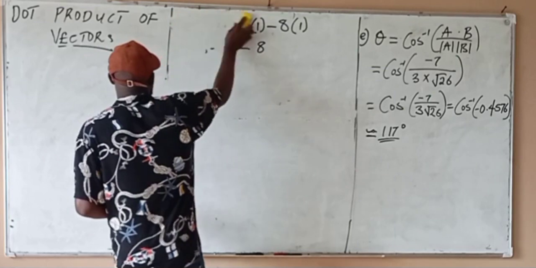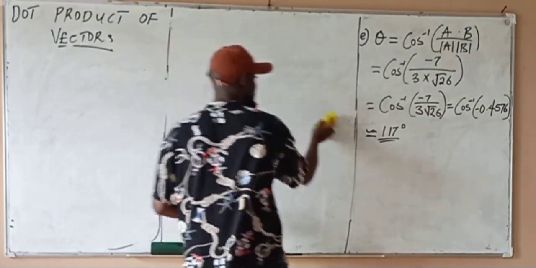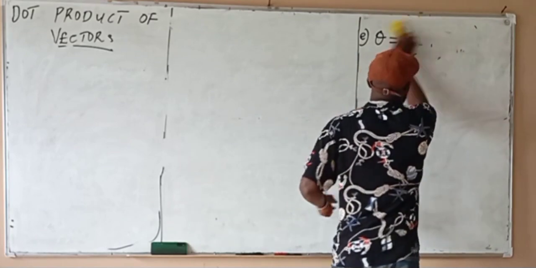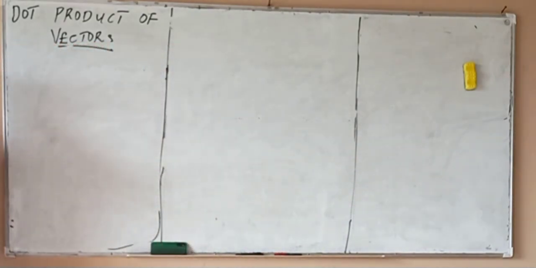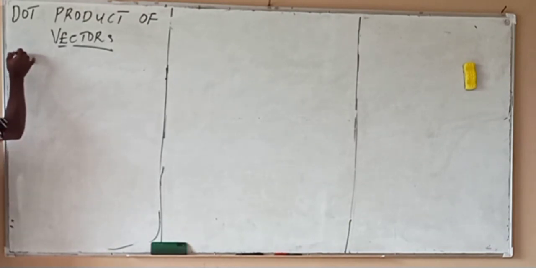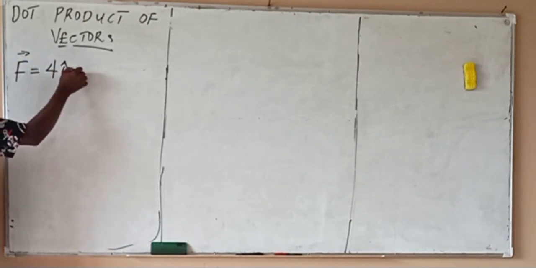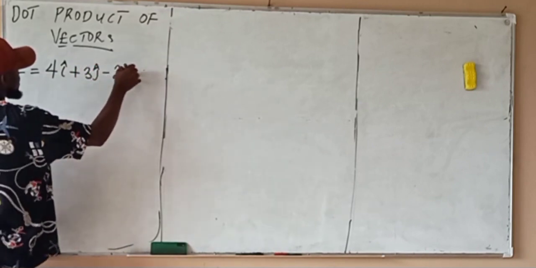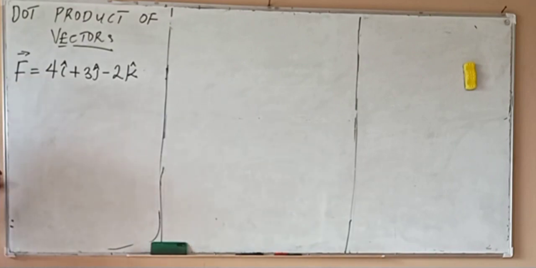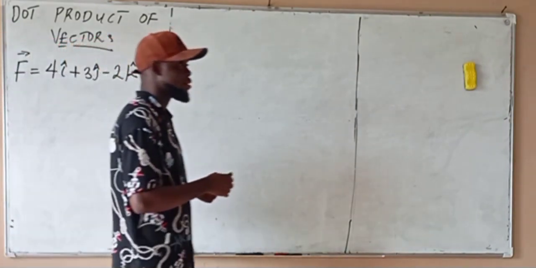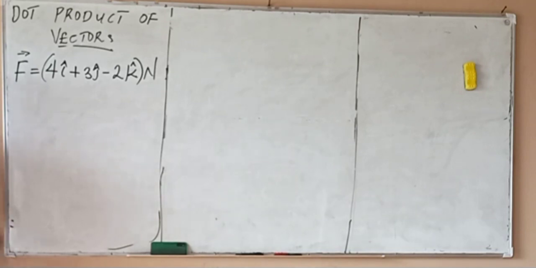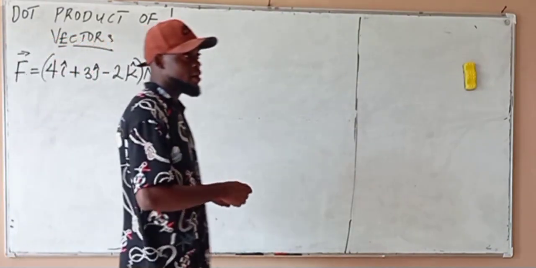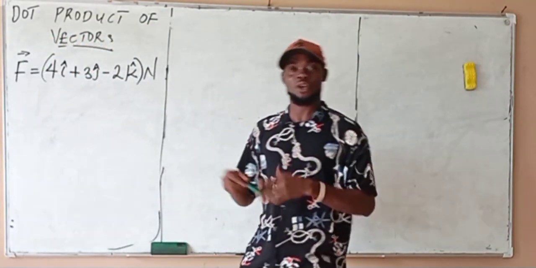Calculate the work done when a force F equal to 4i plus 3j minus 2k, in newtons, moves through a displacement of 3i plus 4j minus 6k, in meters.